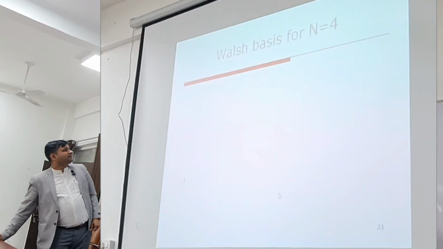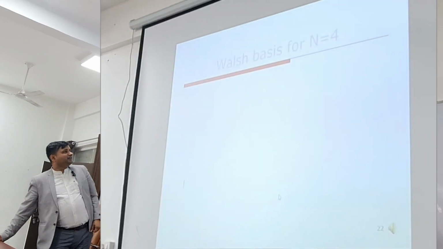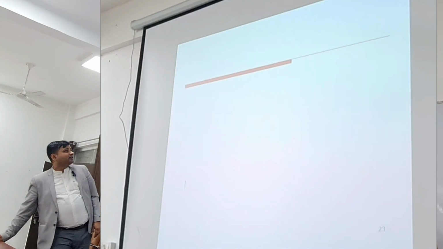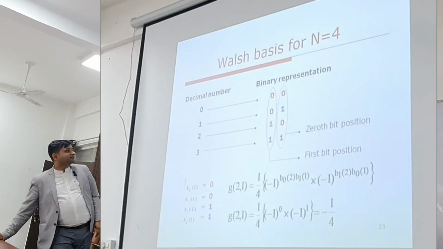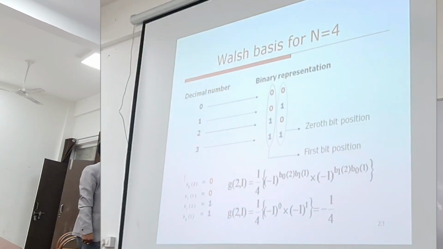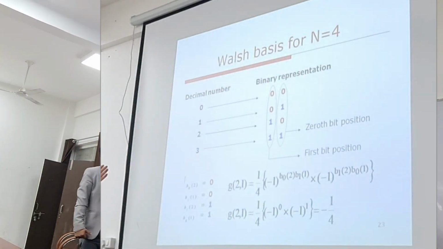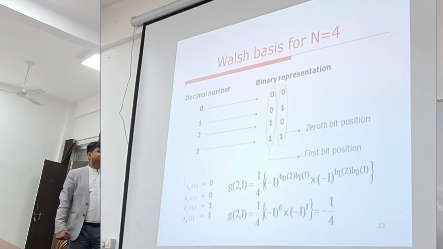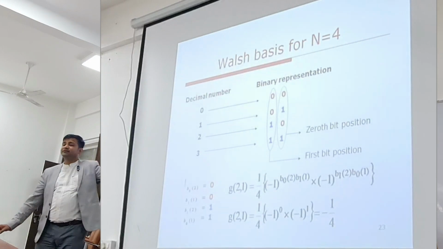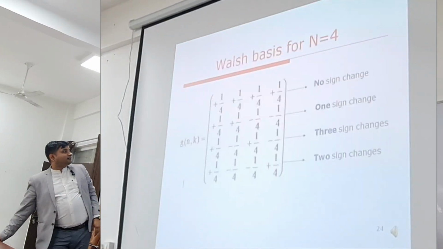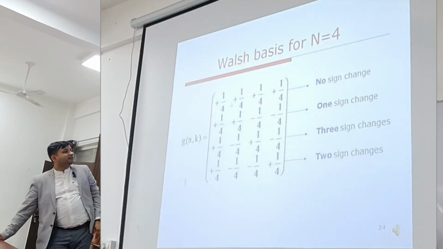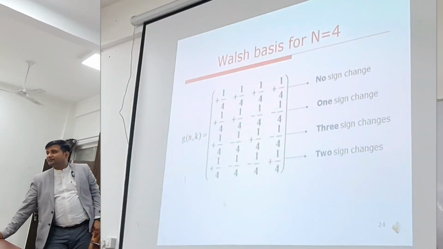This is the basic mathematical representation. I'm not bothered about the basic mathematics. I'm just giving the uses of the transforms in image processing. Here, using the decimal number and the binary representation of this image, what are the mathematical representations of this image, and this is the matrix representation, and this represents the sign changes in this matrix.